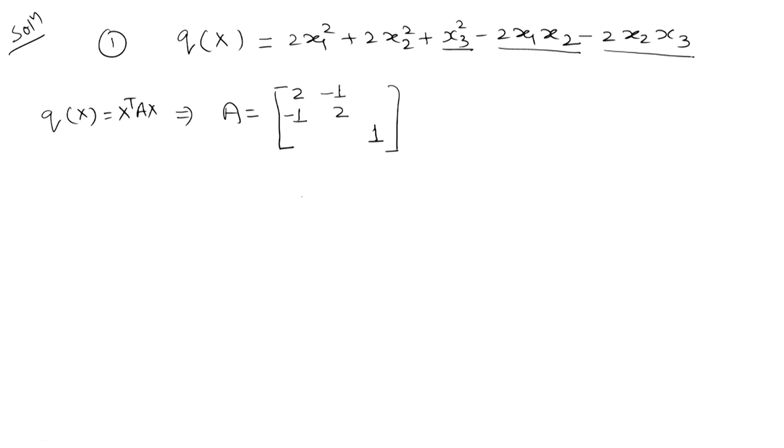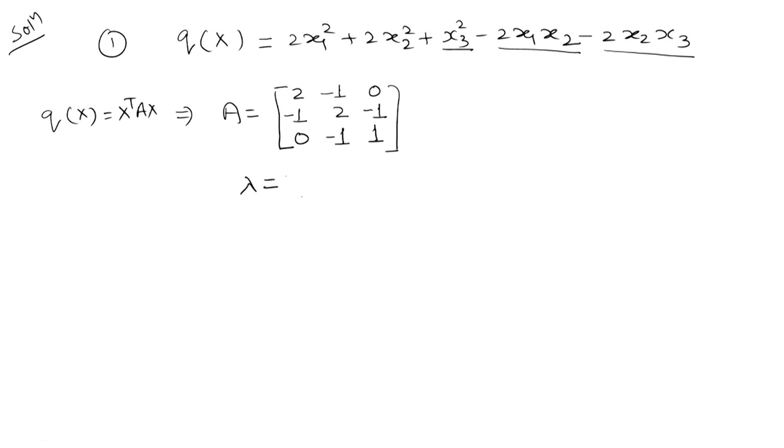For minus 2 x2 x3, I will take minus 1 here and minus 1 here at the 2 3 and 3 2 entries, and the remaining are 0. So, this is the associated form.